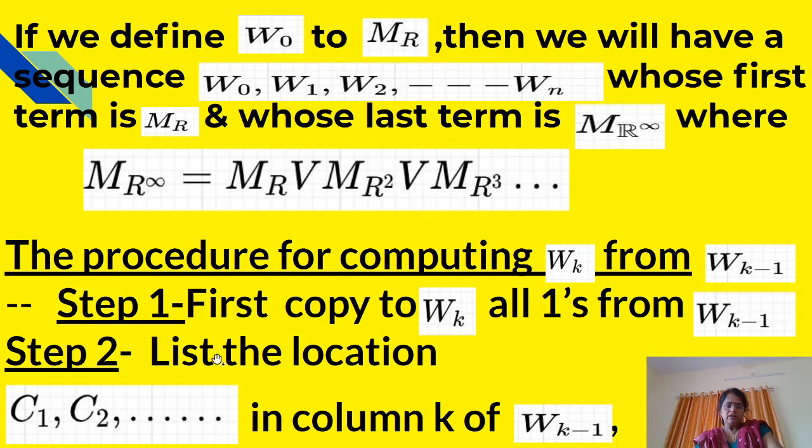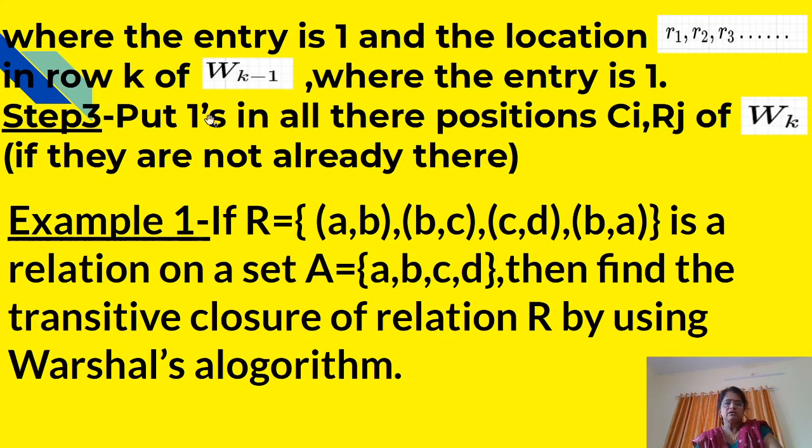Step 2: list the locations C1, C2, ... in column k of Wk minus 1 where the entry is 1, and the locations R1, R2, R3, ... in row k of Wk minus 1 where the entry is 1. Step 3: put ones in all positions Ci, Rj of Wk if they are not already there.